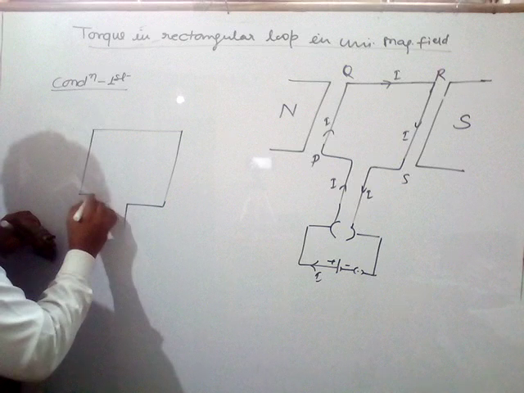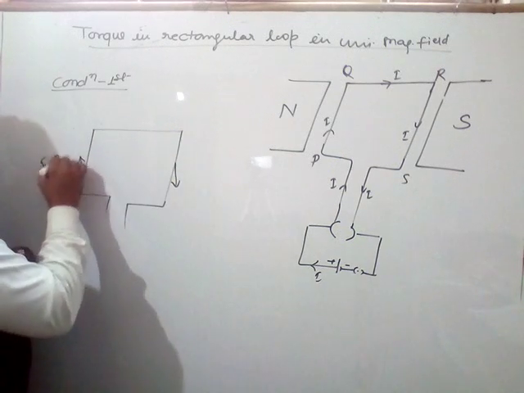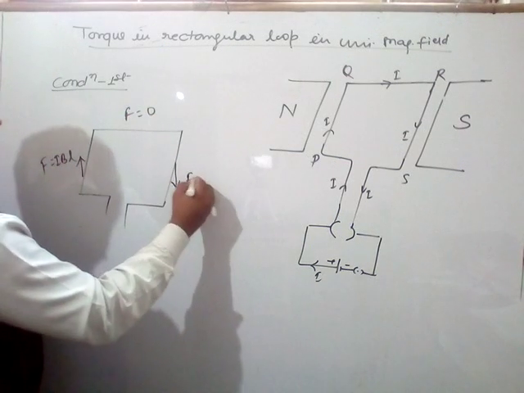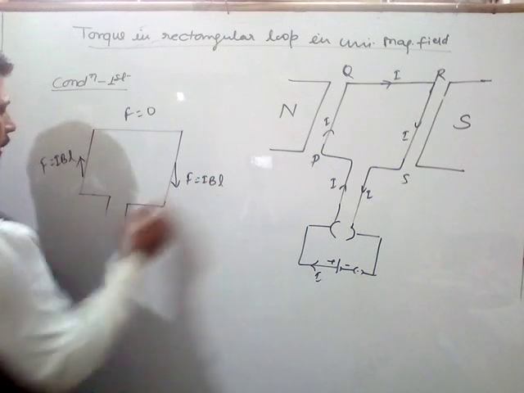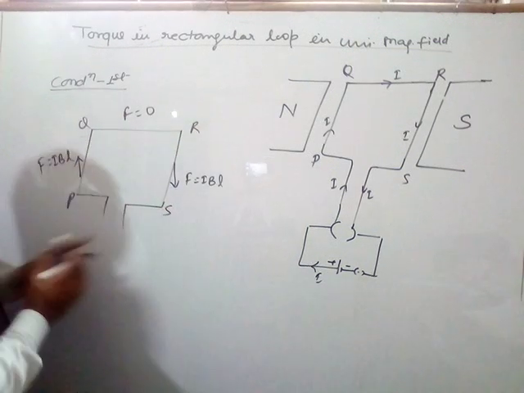So here, if the force is maximum, F equals IBL, then the minimum force is 0. In this condition, force will be 0.